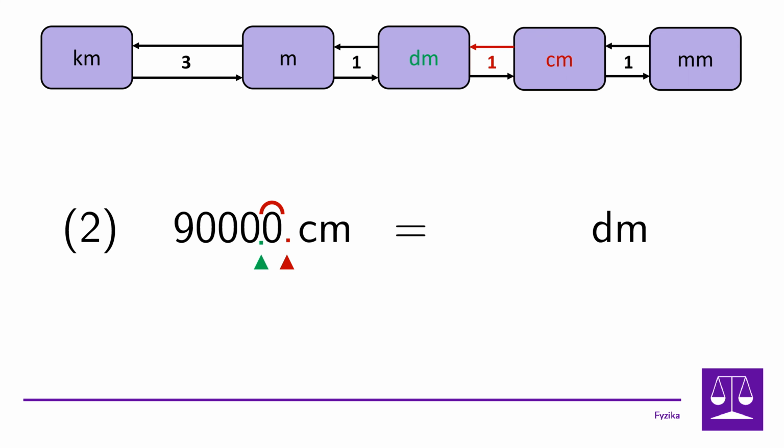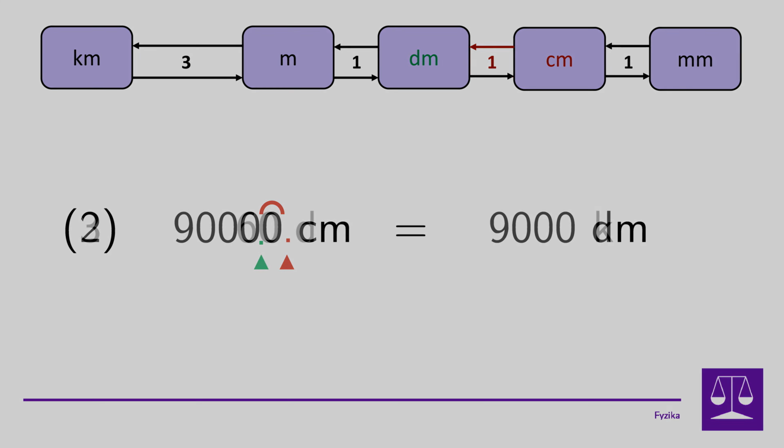So we take the decimal point and move it 1 digit to the left. The resulting value is therefore 9,000 with zeros in the decimal places. Since there are no non-zero digits in the decimal places, we can write the number as 9,000. The result is that 90,000 centimeters is 9,000 decimeters. This completes the second conversion.